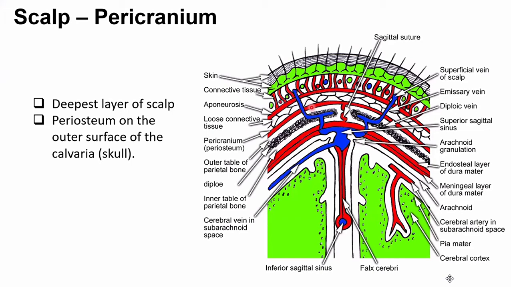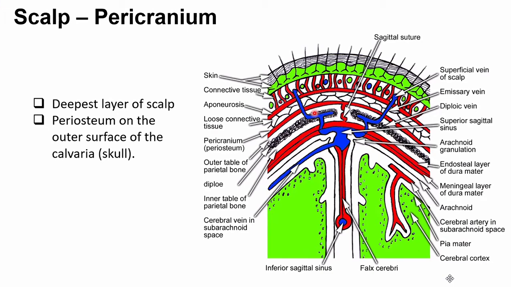So the hematoma will only be here. In some head trauma, there's a localized hematoma that does not spread to other areas, because it's within the periosteum.